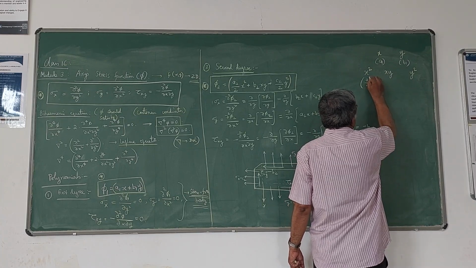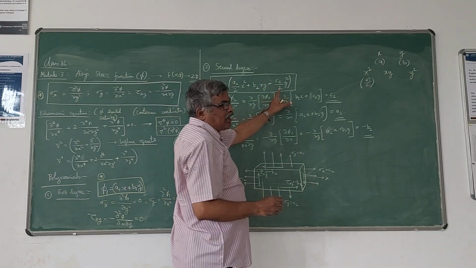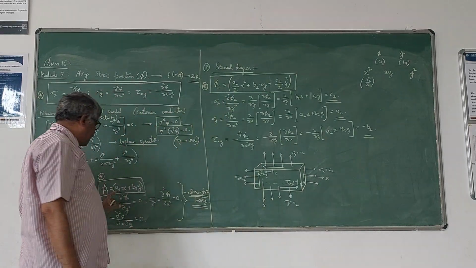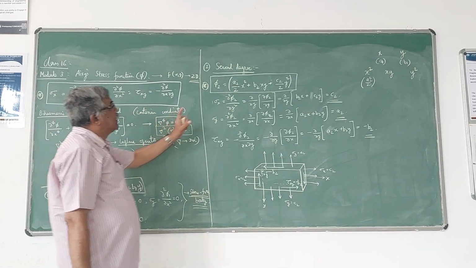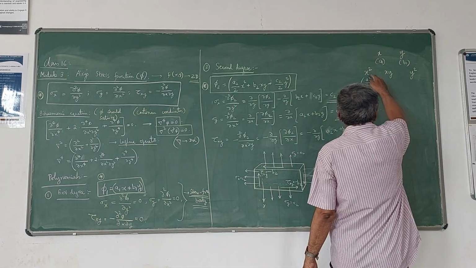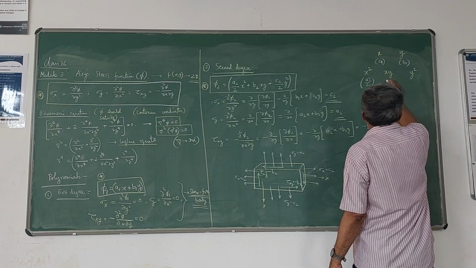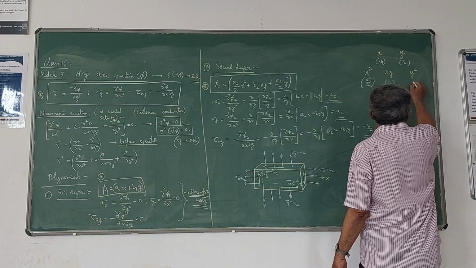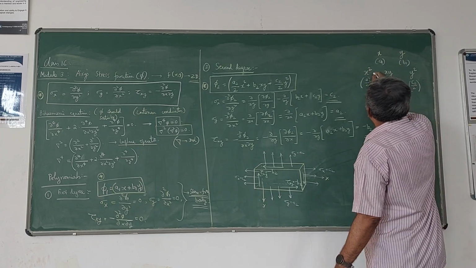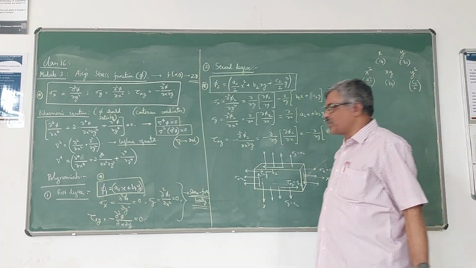This 2 in a2, b2, c2 stands for the second degree, while a1, b1 stand for the first degree. The coefficient of x square is a2 by 2, the coefficient of xy is b2, and the coefficient of y square is c2 by 2. If you add these, you will get the stress function.